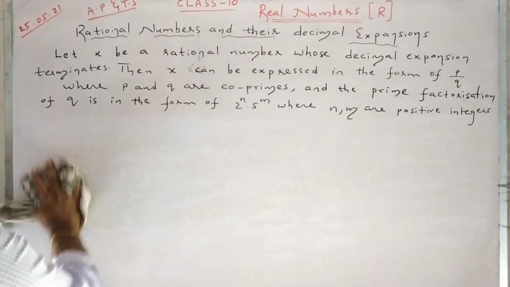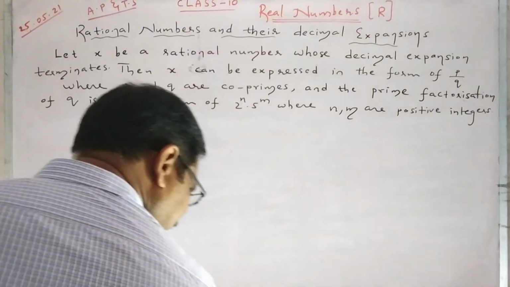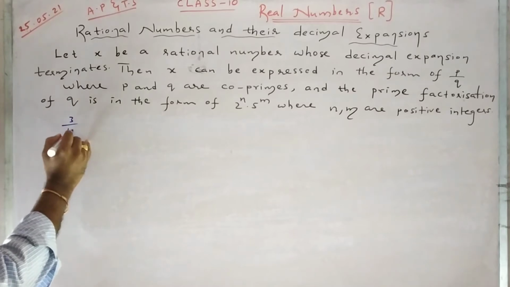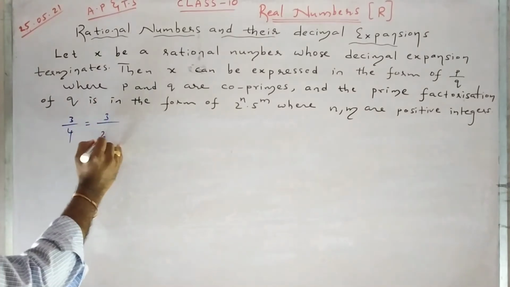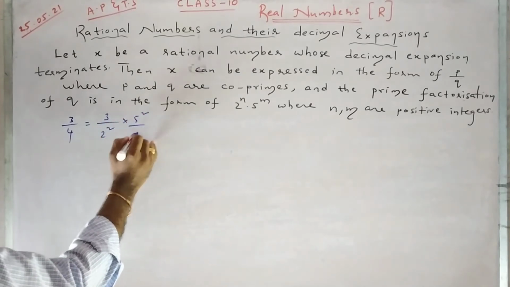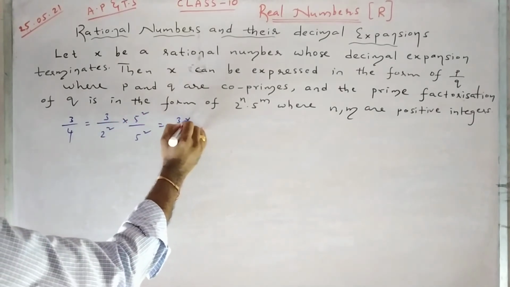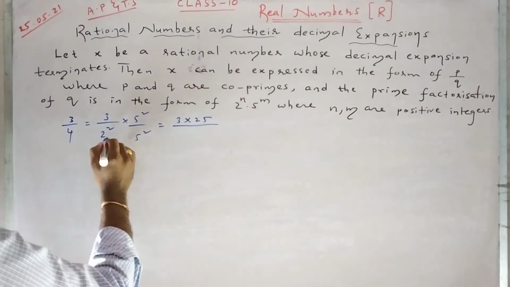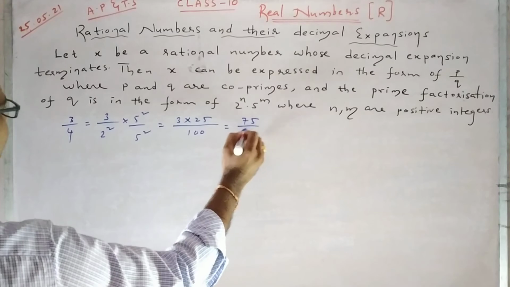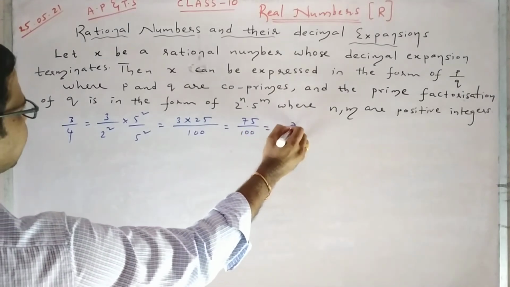Look at 3 by 4. 3 by 4 is 3 by 2 squared. What is missing here? 5 squared is missing. So 3 into 25 by 10 squared, which means 100. 75 by 100. 0.75.